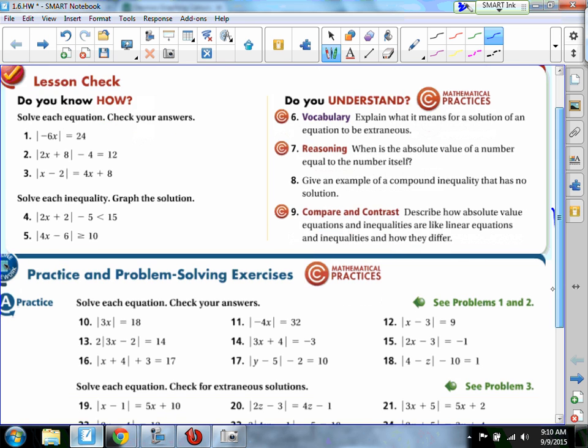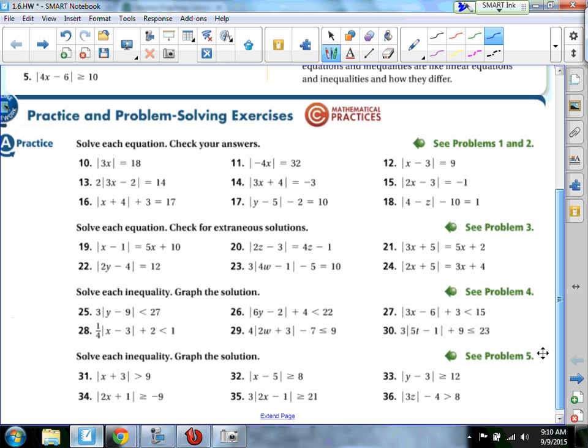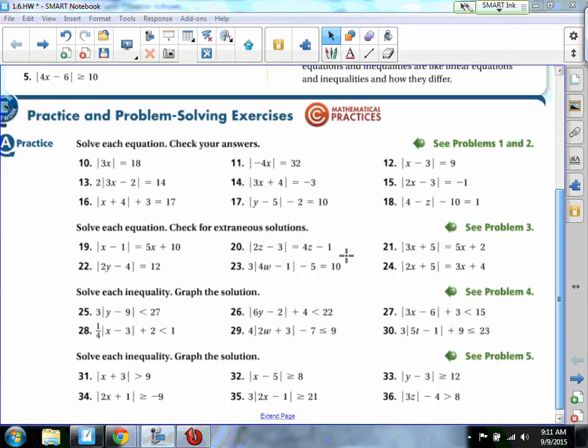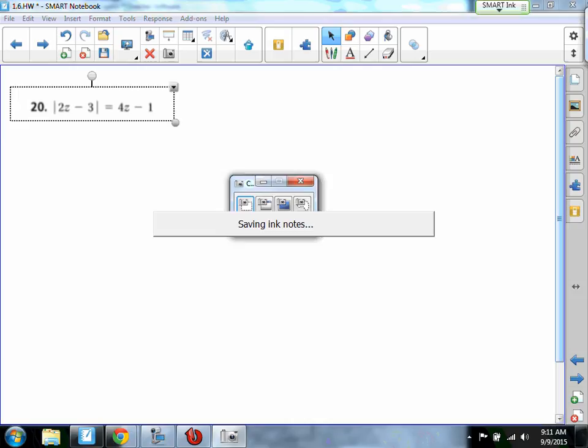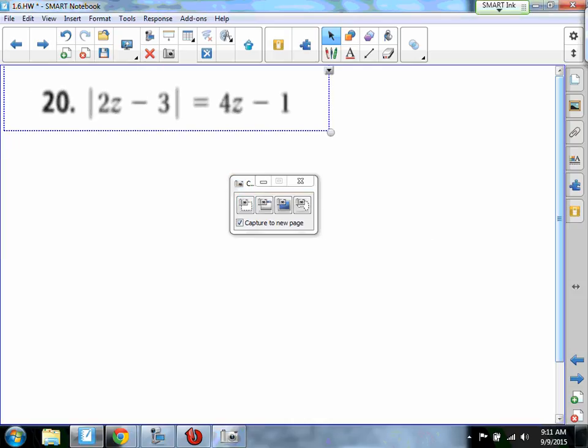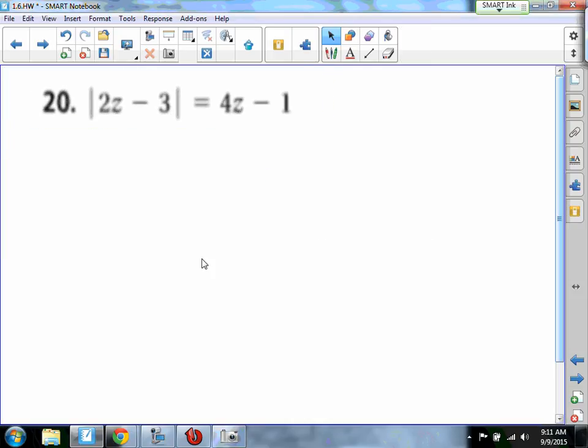Now, 20. We still solving on 20? Yeah, good. I mentioned that the calculator can solve these for you. I will warn you, the calculator will let you down. It's kind of like a really good friend.